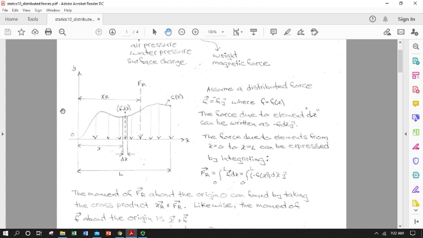So why do we need to do that? Mainly because there is no practical way, if we had a distributed load like you're seeing here in this figure, to get an equivalent resultant. We don't know what it is in any particular place. We know there's one somewhere.